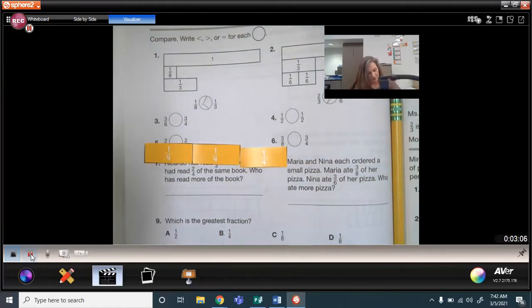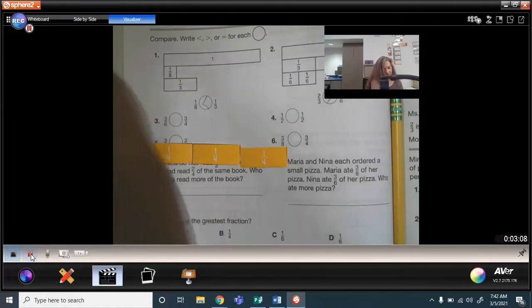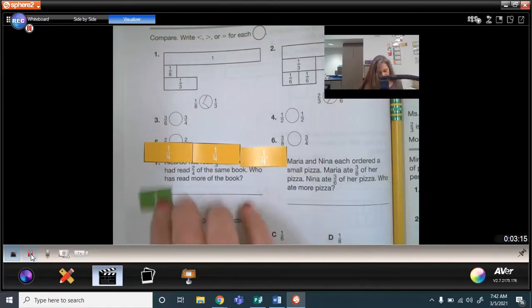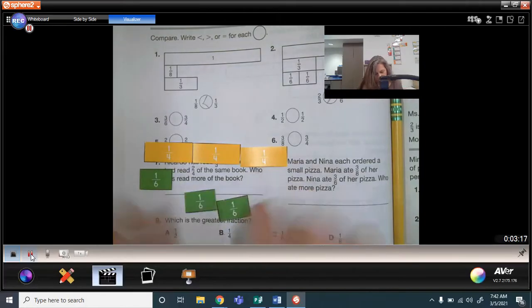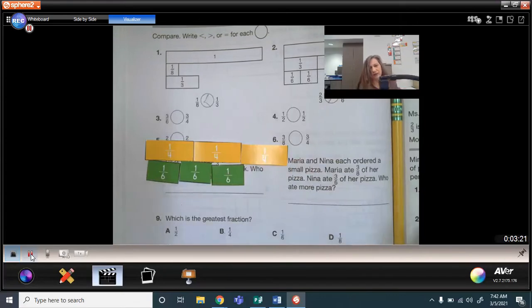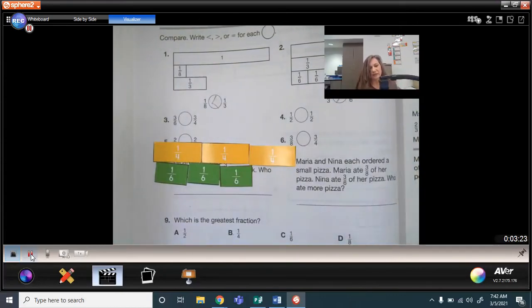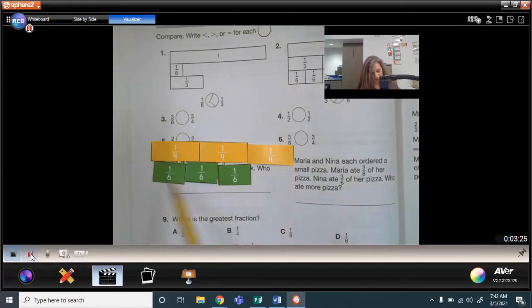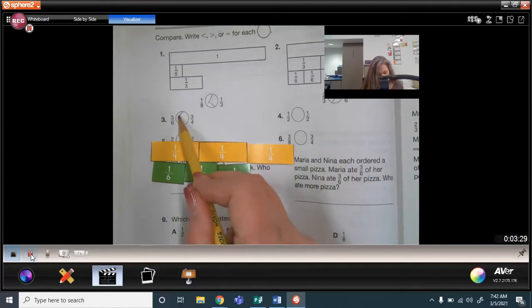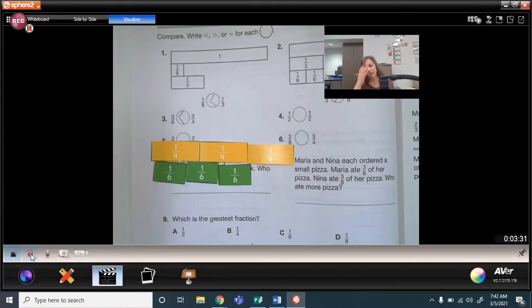Oops, that's a 5th. And I have 3 of my 6ths. Sorry, I'm using my strips to demonstrate and model for you. You notice that the 6th pieces are going to be smaller than the 4th pieces. So when I compare 3 of the 6ths to 3 of the 4ths, I'm going to get a less than symbol. 3/6 is less than 3/4.